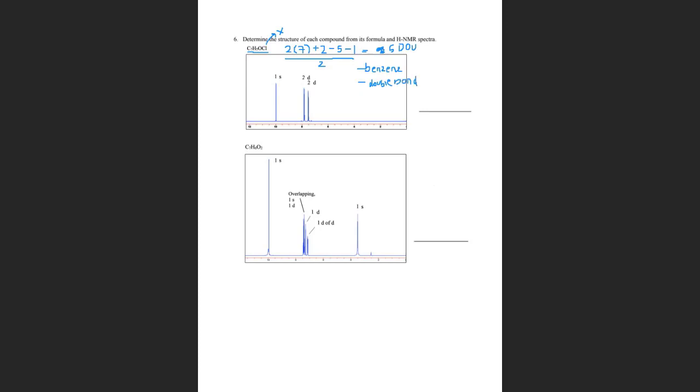If you look at our chart, we only have 3 distinct signals. So that could probably tell us something about the symmetry that's going to be present in our structure.